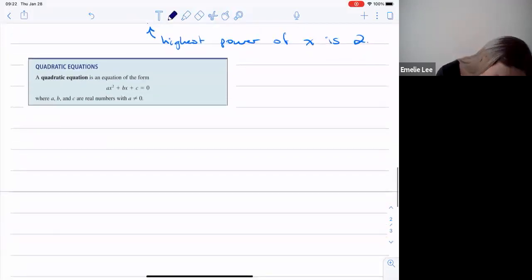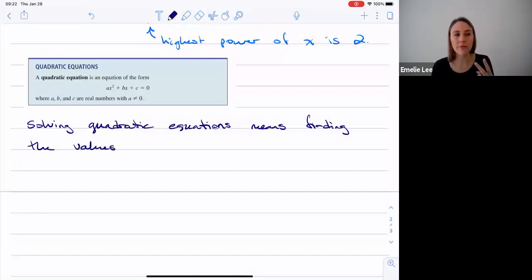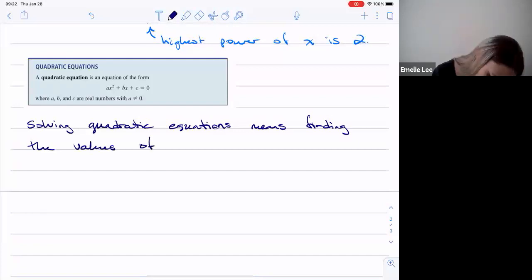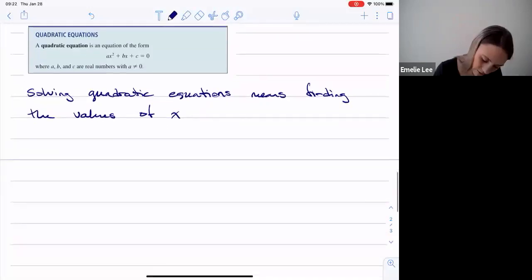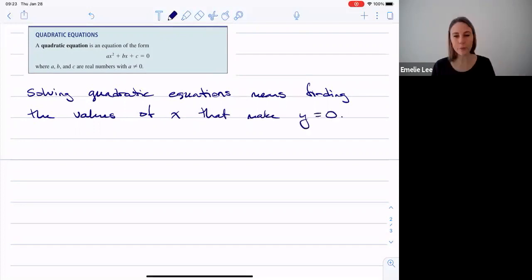So solving quadratic equations means finding the values, and there's going to be 2, the values of x that make y equal to 0.